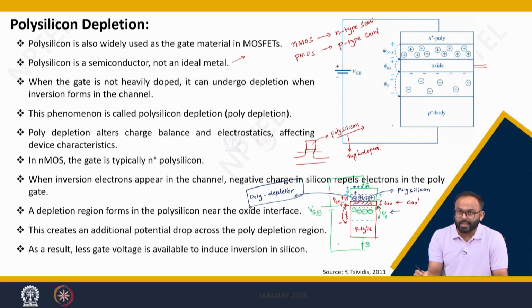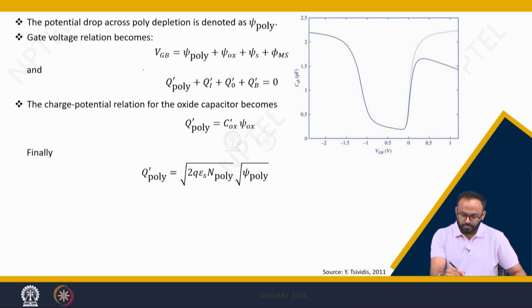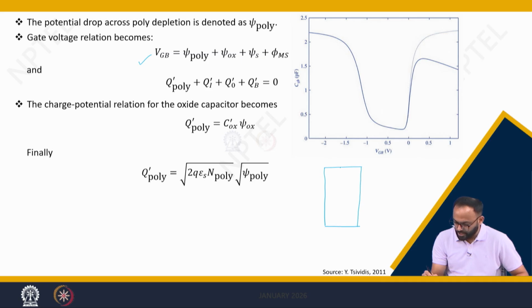And when you write a KVL to find the total potential balance equation of this system, you will get this, where it says that when you have VGB as an external voltage, then the potential drop will happen in the polysilicon depletion layer, in the oxide and in the surface.